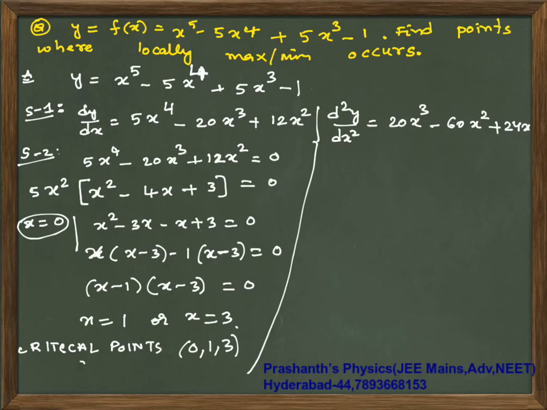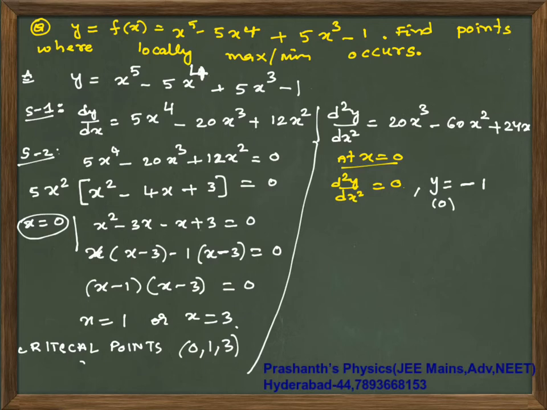Now to get maxima or minima, you need to check this. At x equal to 0, d square y by dx square is 0, so you can't say it is maxima or minima. The only thing is y of 0 is minus 1.